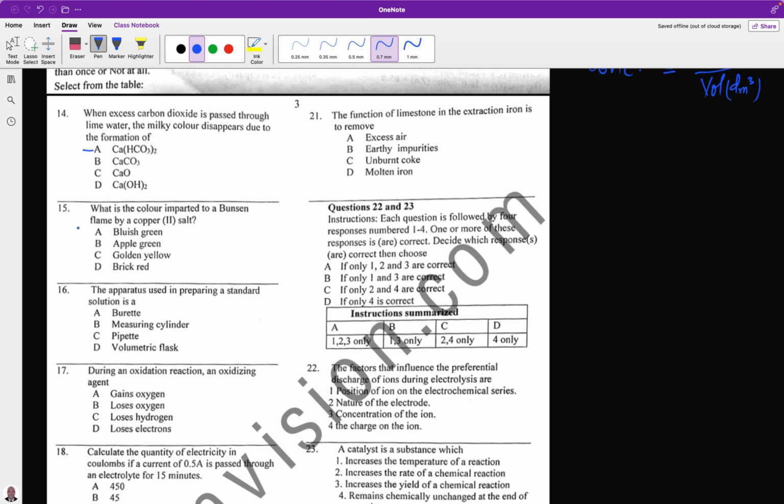A copper 2 ion, a copper 2 salt, will give an apple green color.